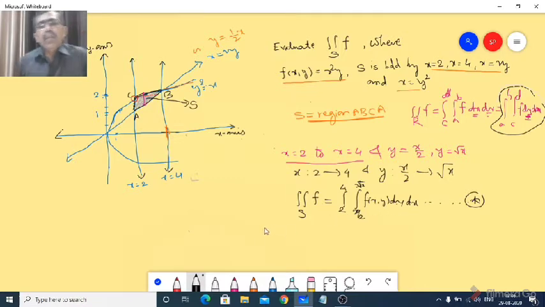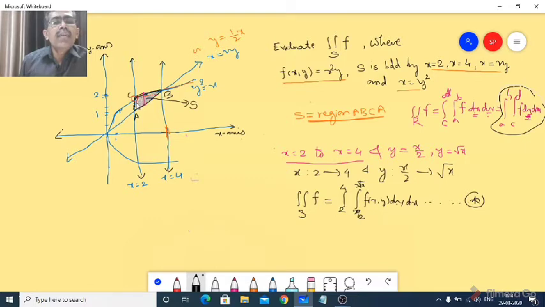Now I have taken the integral with respect to y first. Now we will go for x first. To make the integral first with respect to x, take a line parallel to the x-axis. To make it first with respect to y, we took a line parallel to the y-axis.